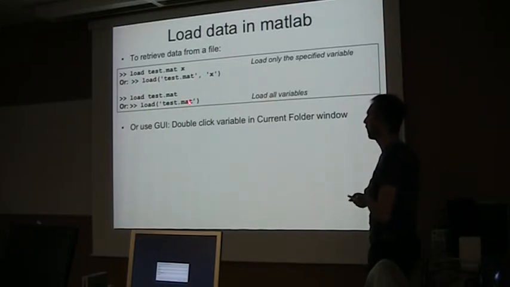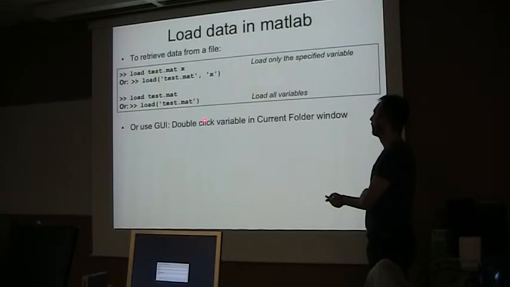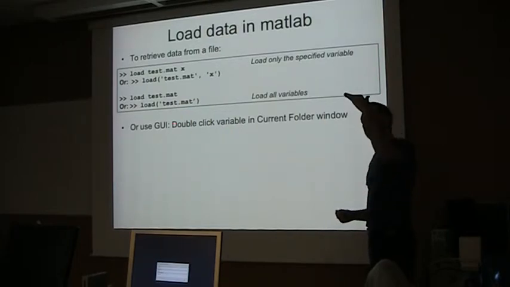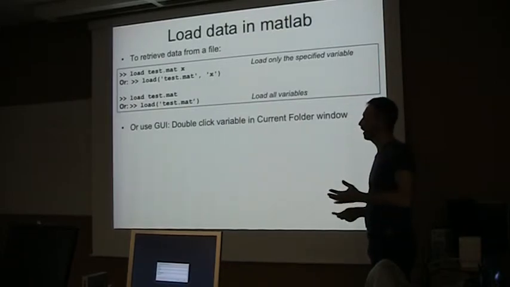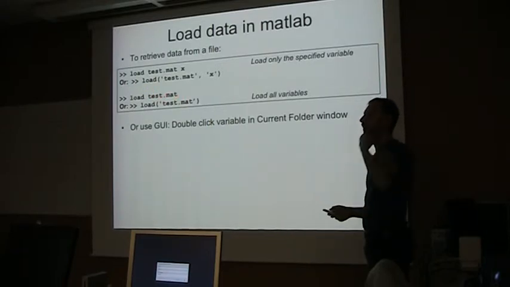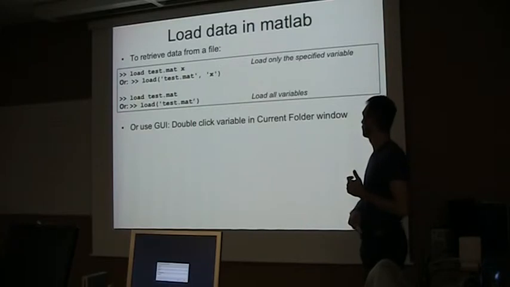Or you could load everything which is in test.mat. Again, also here, in the current folder window, you see all the files you have in that folder, and if there is a test.mat which appears, you can double click it and it will load it. Easy.